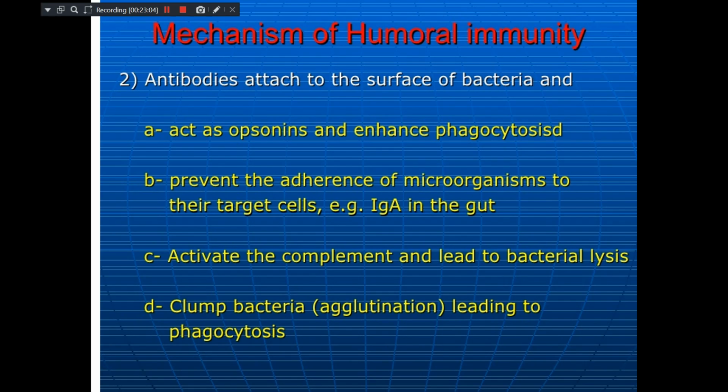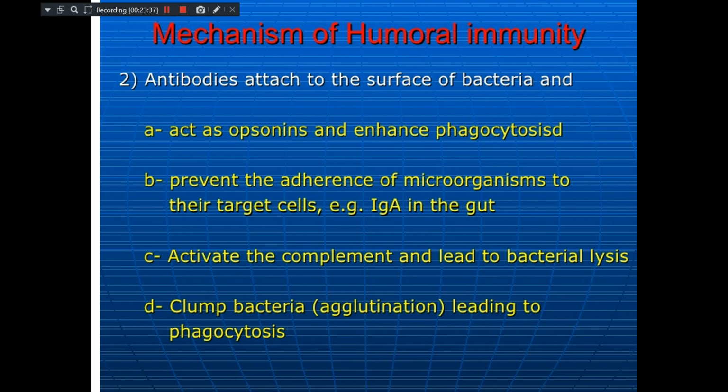At the same time, it will prevent the attachment of the microorganisms to their target cells, because each antigen has a target cell. For example, a bacteria will affect only the gut. Then the immunoglobulin A, which is on the surface of the antibodies, will prevent the attachment of those microorganisms to their target cells in the gut.